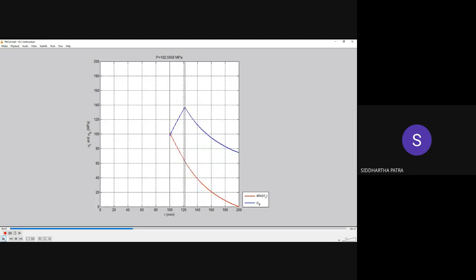So the starting value of sigma r was 75 MPa. Please remember, how did we get that 75? I took the ratio a by b equal to 0.5, and from that we got that the p prime value is 0.75. You see I took tau y equal to 100 MPa.